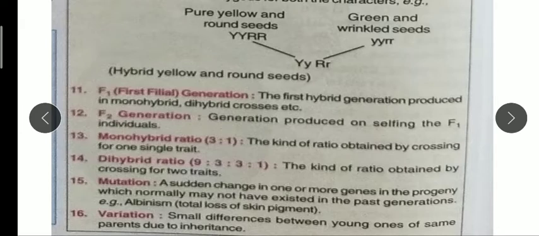The 15th one is mutation. Mutation is a sudden change due to radiation, radioactive radiation and so on, which alters our DNA and changes its shape. Mutation is a sudden change in a gene, in the number of genes, or in the structure of the chromosome. A sudden change in one or more genes in the progeny, which may not have existed in the past generation, is mutation.